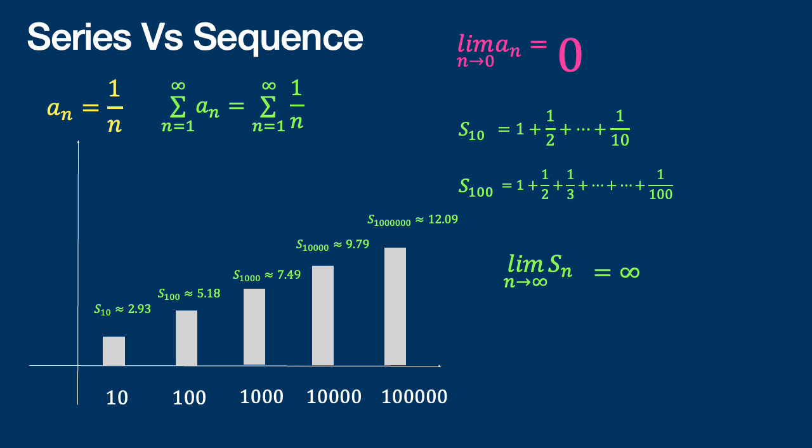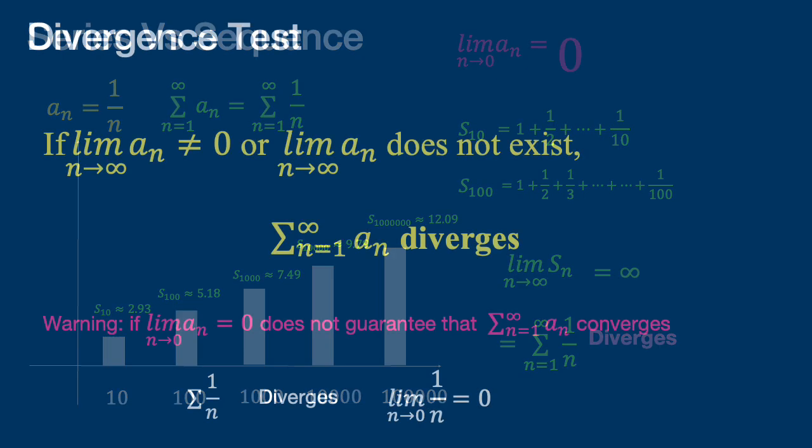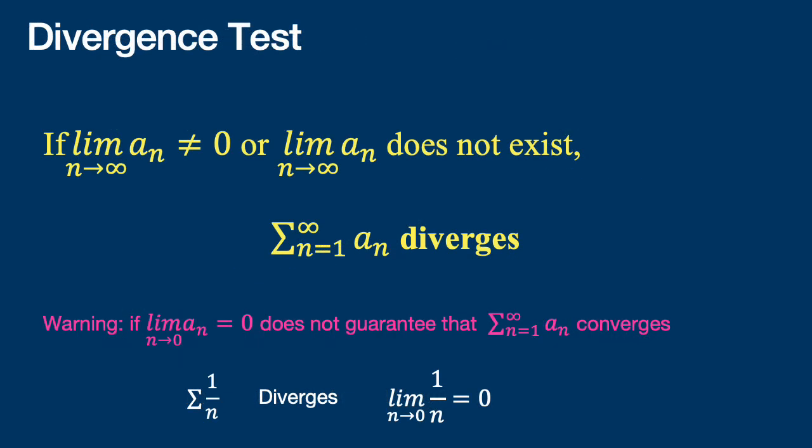What is different from the previous example? In the previous example, a_n goes to 0 and the series converges. But in this example, even though the sequence is going to 0, the series diverges. This is the divergence test.